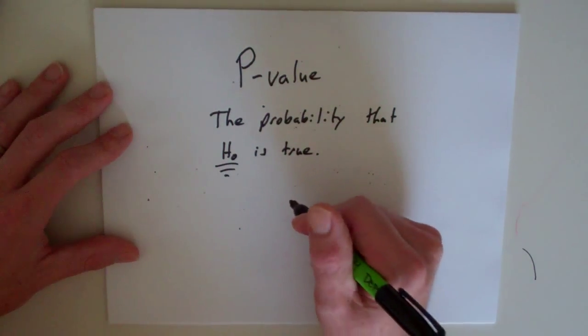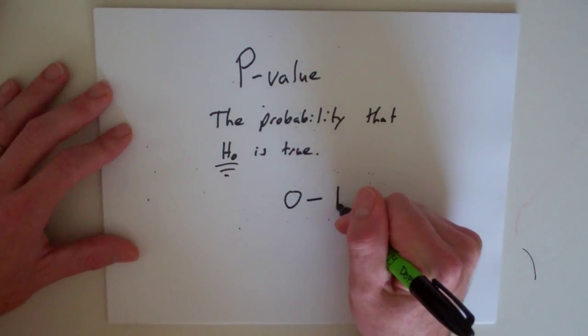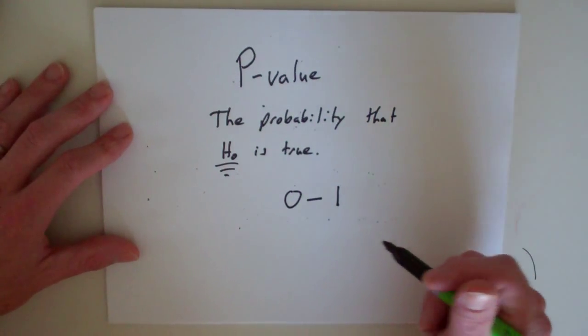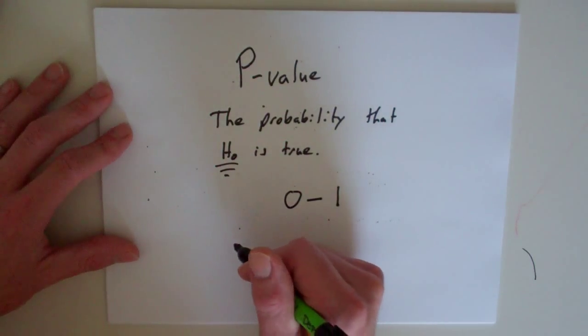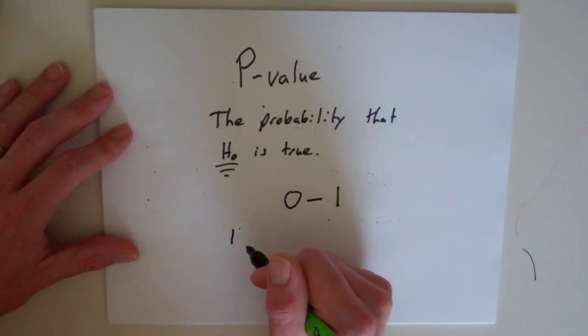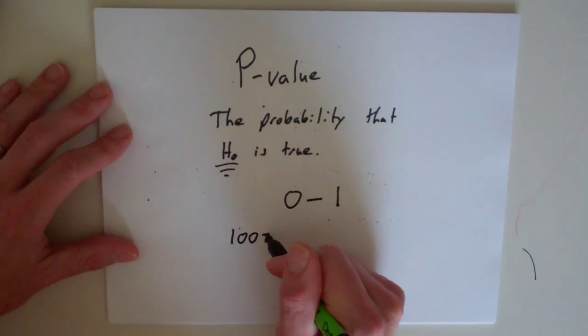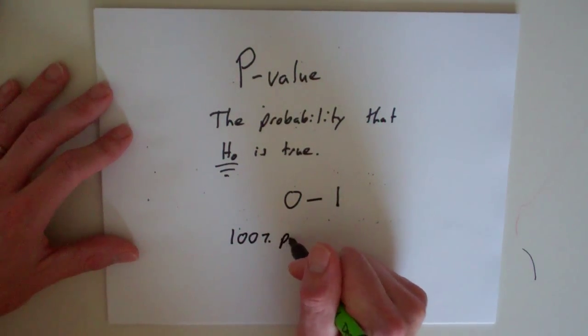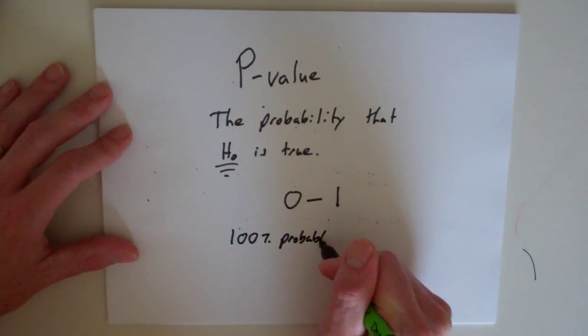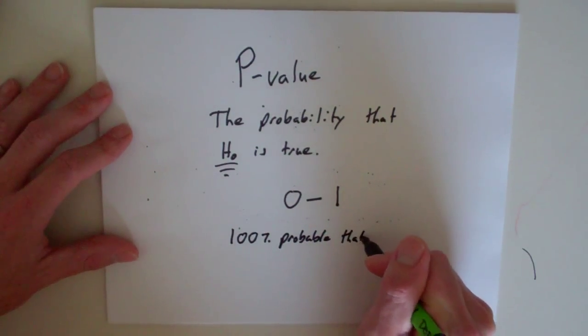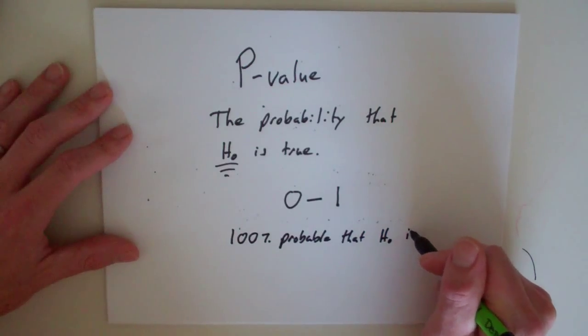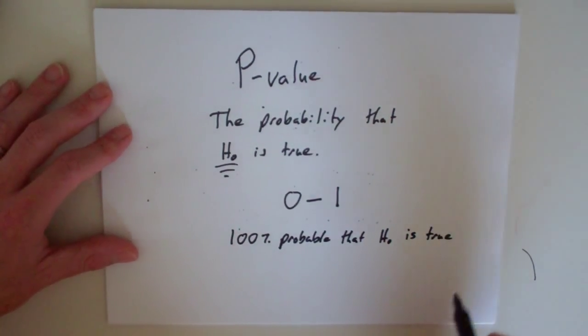So a p-value is going to vary between a value of 0 and 1. So a value of 1 would be 100% probable that the null hypothesis is true.